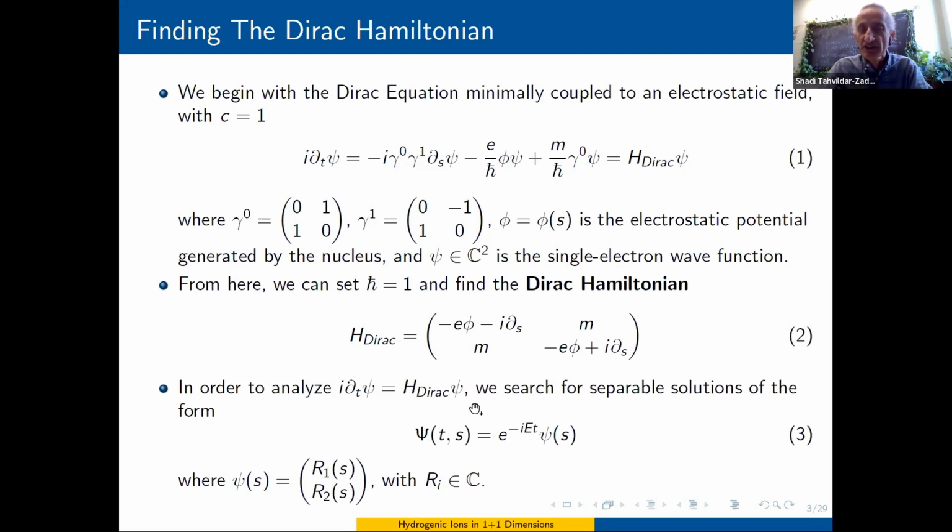Nevertheless, we can try to analyze this equation using the separation of variables idea, looking for special functions of t and s, where we have just some periodic function in t, sines and cosines basically, times a function of s alone. And this function of s alone will still have two complex components, which now we have to find out.